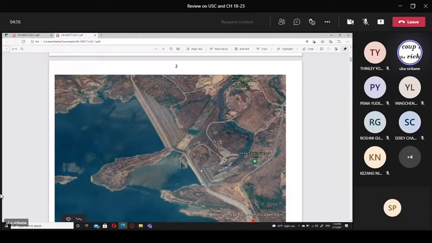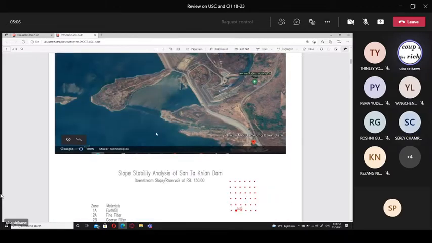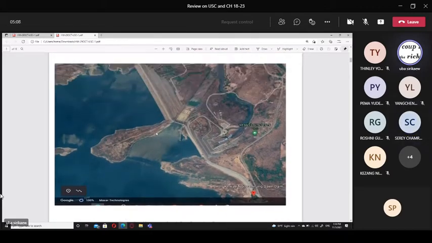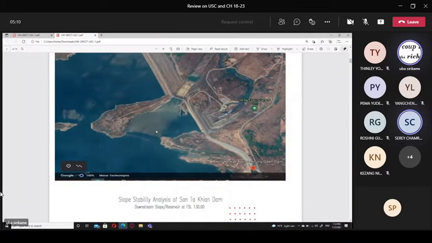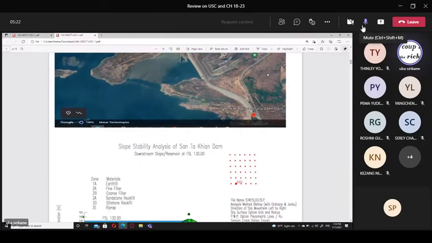Okay. Group number 1, are you there? Group number 2. Which part would you like to show me? I'm not sure yet. Cambodia. Okay, in Cambodia, right? What about group number 3? Which part would you like to show me?